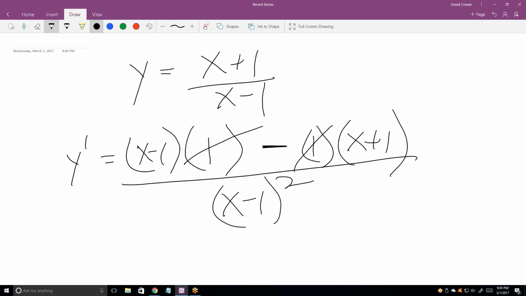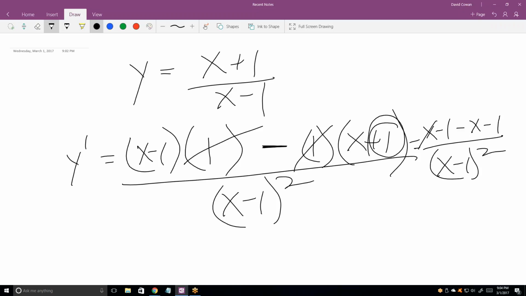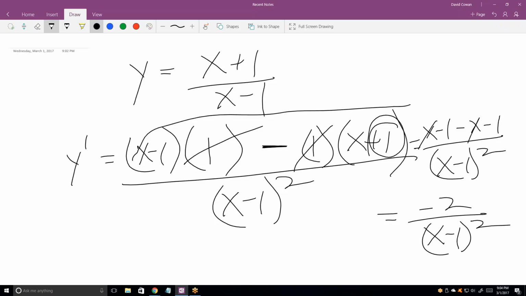When I remove the parentheses, I've got x minus 1 minus x, and that plus 1 turns into a minus because you got to distribute the minus to it. So now I've got that after removing all the parentheses. Now notice the x's go away and I'm left with -2 in the top. So I got -2 over x minus 1 squared. So there's an example where you can take something that's fairly complicated and simplify it into -2.